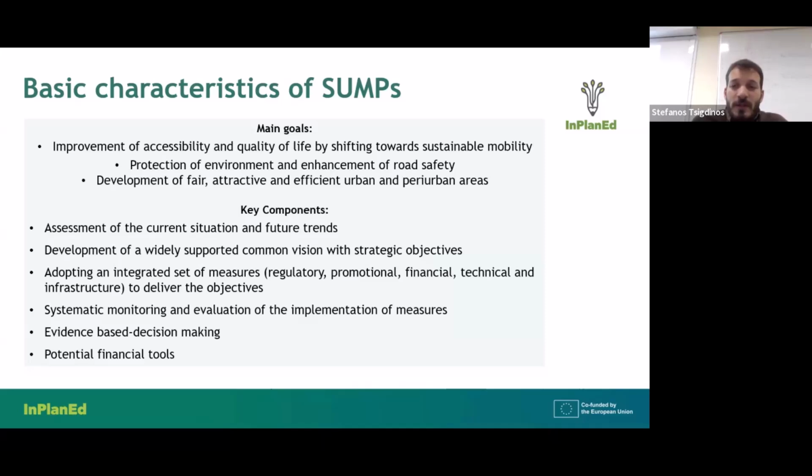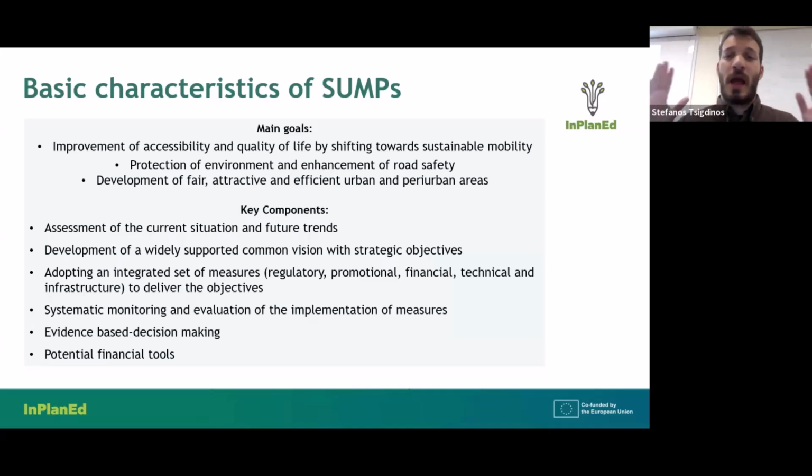And the key components are the following. Firstly, we assess the current situation. We understand and identify the future trends. Secondly, we develop a vision. This is the second step, and we may see the steps in the next slide, but just briefly, the major ones. So we set the common view, we set the vision, and then we adopt an integrated set of measures.